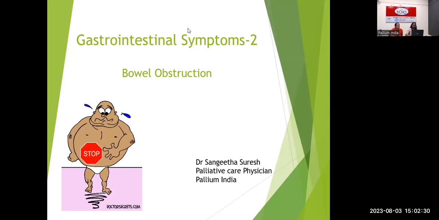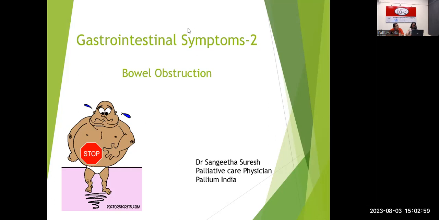This is a very common progressive symptom that you see in patients with gastrointestinal diseases, mainly in an advanced stage of a progressing condition. Today, what we are going to see is how we diagnose and manage this, and all of it will be from a palliative care perspective.